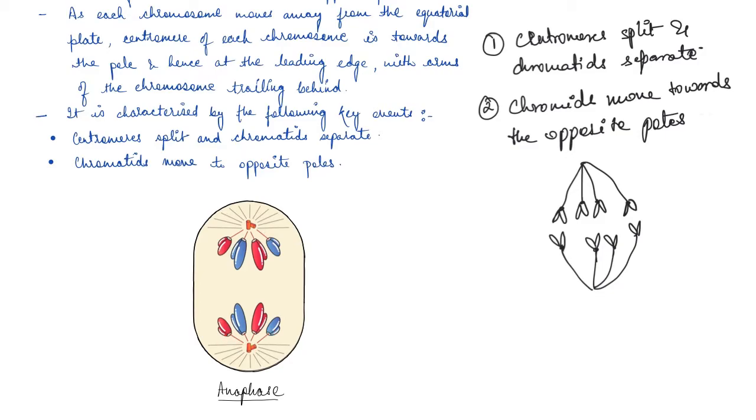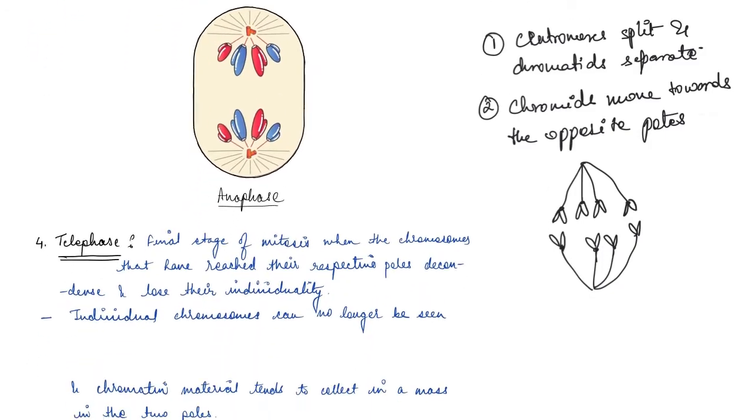So it is basically pulling it towards the pole from the centromere. Now the centromere is moving towards the poles, and both of these arms, you can see here as well, are trailing behind. So these are the characteristic steps of anaphase.